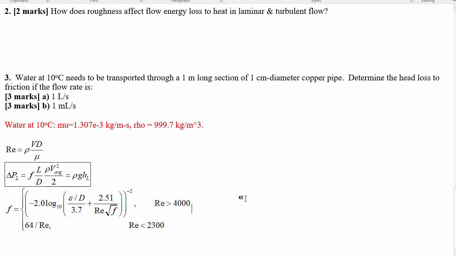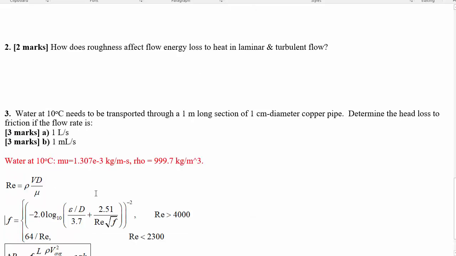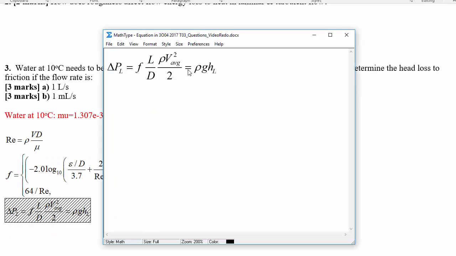All right, so first thing we're going to do is convert these flow rates into volumetric flow rates in SI units. Use those to determine what the Reynolds number and friction factor would be, and then use that to figure out the head loss from this last equation. So in terms of head loss, we can put it rearranged as so.